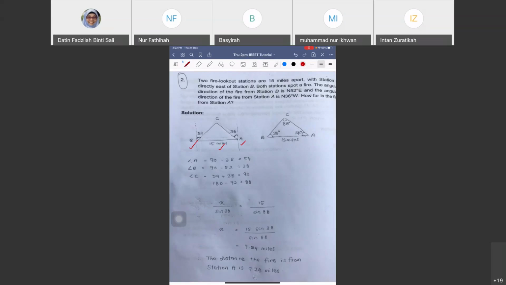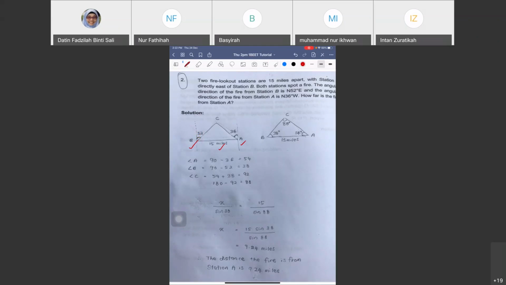And then the angular direction of the fire from station B is north 52 degrees east. So that is the bearing.